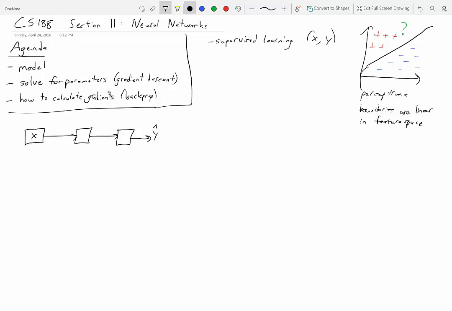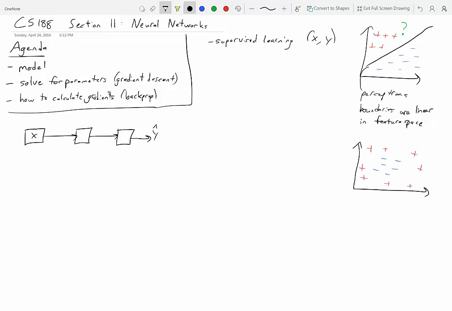Now, this was pretty good, but we ran into some issues. So for example, if we want to use perceptrons and the features looked like this with all the pluses on the outside and all the minuses on the inside, and remember these are the features, we couldn't find a linear separator.